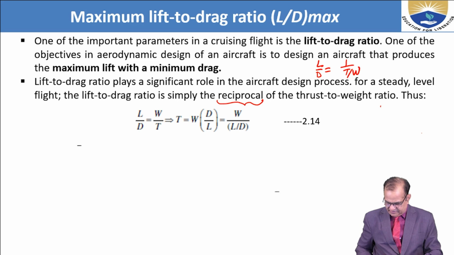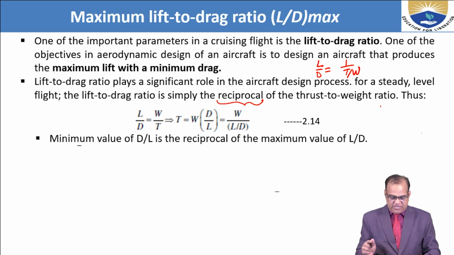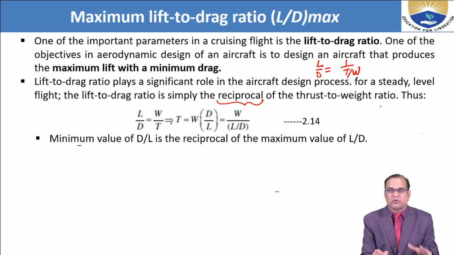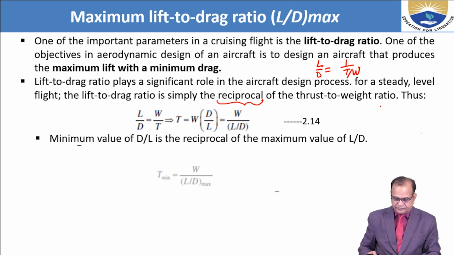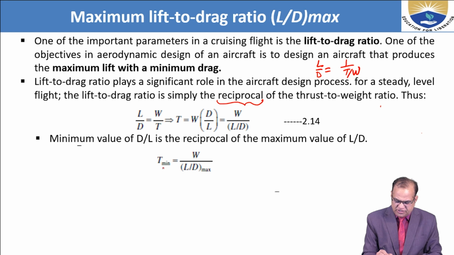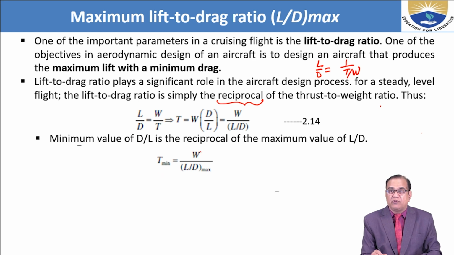Here, the minimum value of D by L is the reciprocal of the maximum value of L by D. So this L by D should be maximum so that T will be minimum. Here T is the thrust required, which is directly proportional to the drag. So for the minimum thrust required, W by L by D should be maximum.